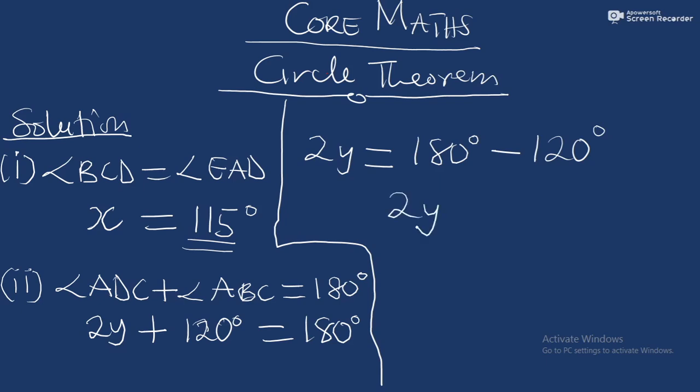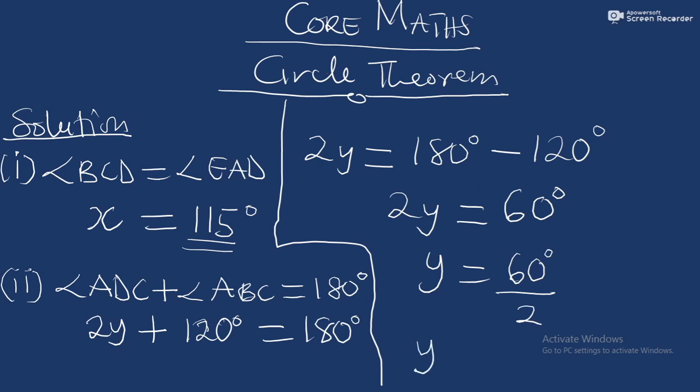So our 2y will be equal to 180 minus 120, which is 60 degrees. So y is equal to 60 degrees over 2. So our y is what? 30 degrees.